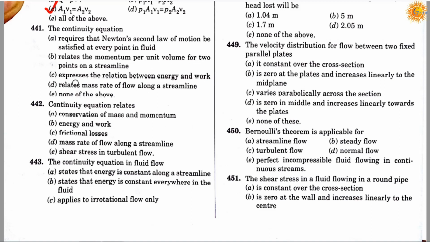Option C expresses the relation between energy and work. Option D relates mass rate of flow along a streamline. Option E is none of the above. So correct answer is D. It relates mass rate of flow along a streamline.